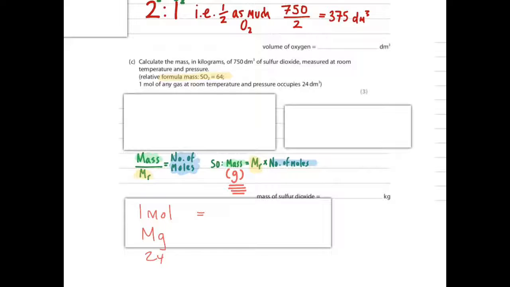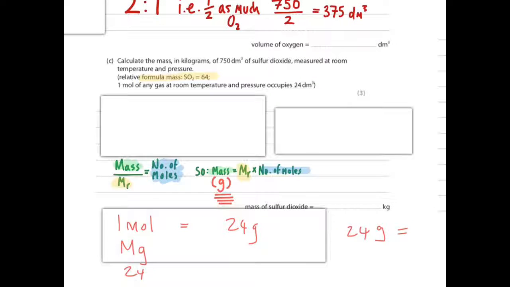If you have 1 mole of magnesium, then you have 24 grams of magnesium. So if you had 24 grams of magnesium, you would have 1 mole, because 24 divided by the atomic mass 24 is 1.